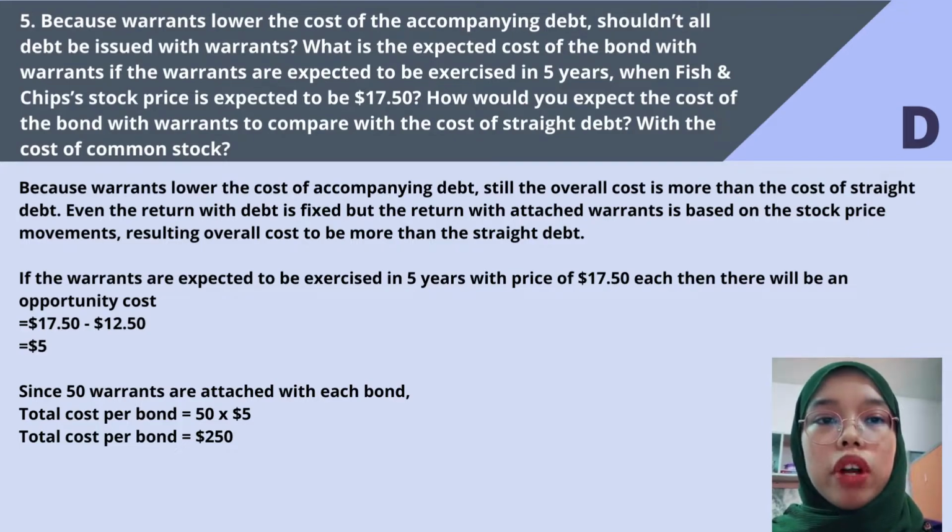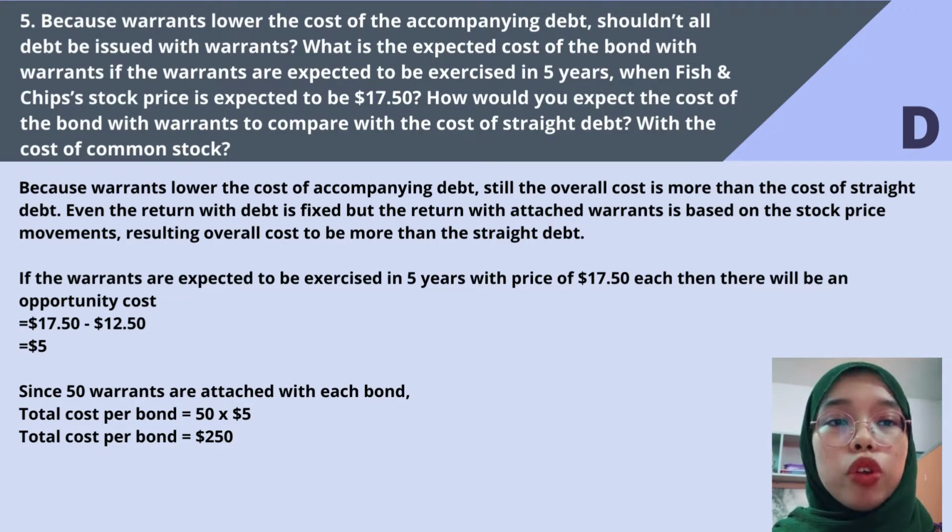Next, because warrants lower the cost of the accompanying debt, shouldn't all debt be issued with warrants? What is the expected cost of the bond with warrants if the warrants are expected to be exercised in 5 years when Fish and Chips' stock price is expected to be $17.50? How would you expect the cost of the bond with warrants to compare with the cost of straight debt and the cost of common stock?